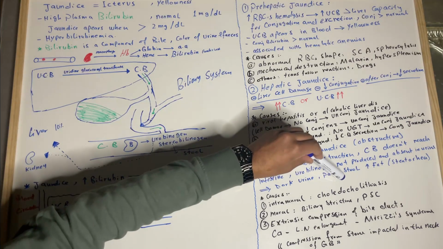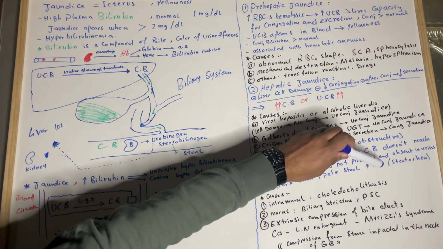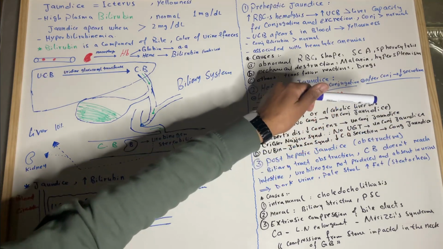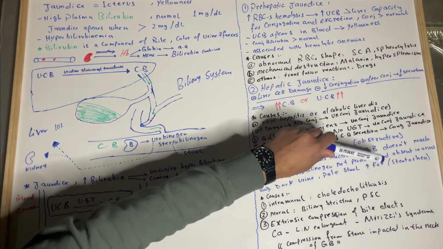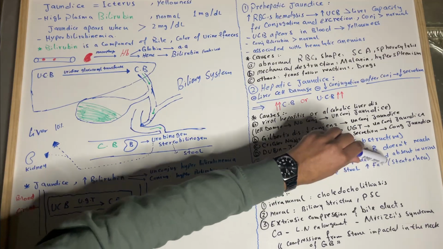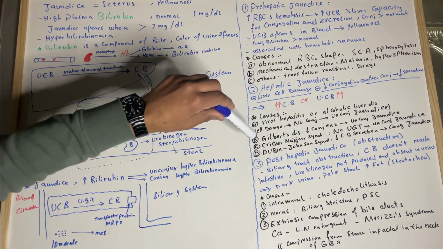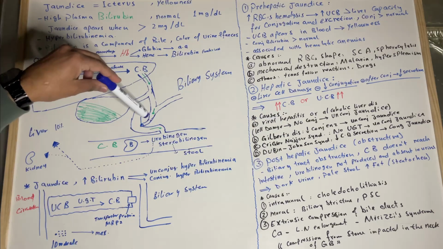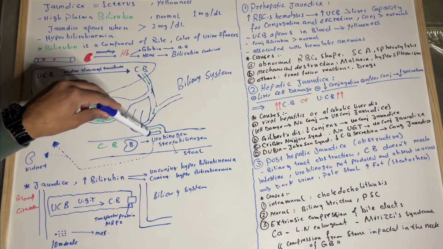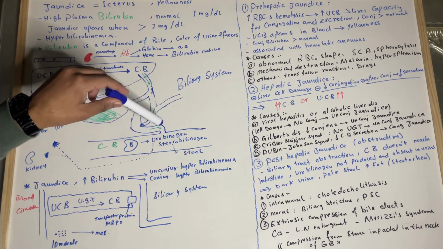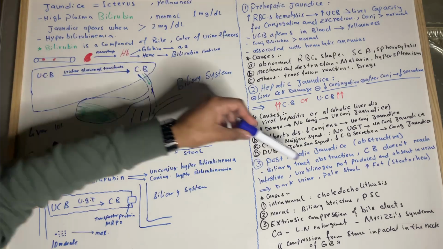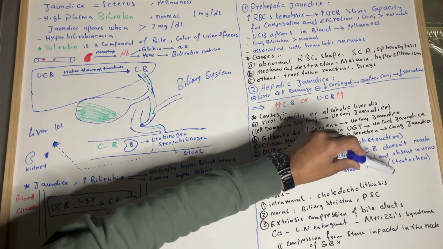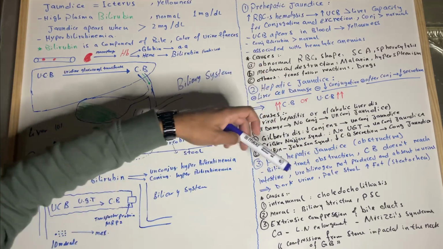And there is also an increase in fat in the stool, in what we call steatorrhea. Since one of the bile functions is fat digestion, and there is obstruction, the bile doesn't reach the intestine, so there is a decrease in fat digestion, leading to increased fat in the stool, called steatorrhea.